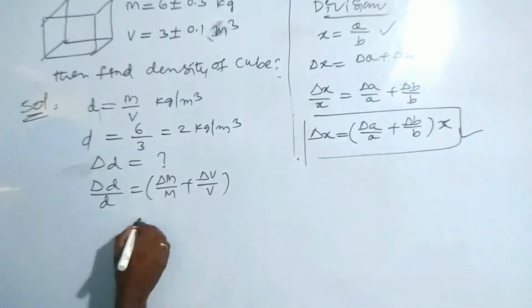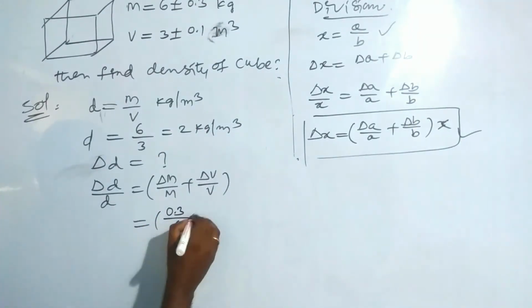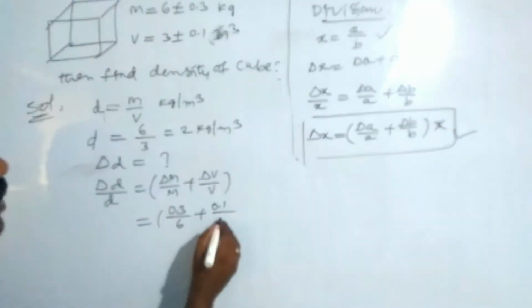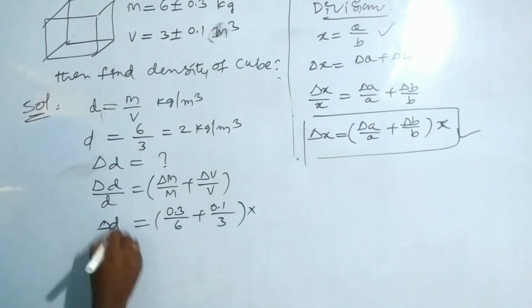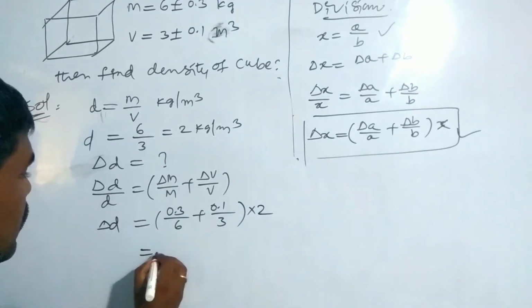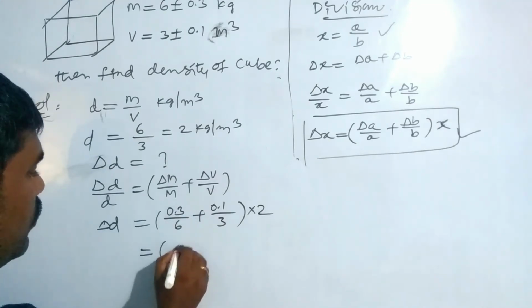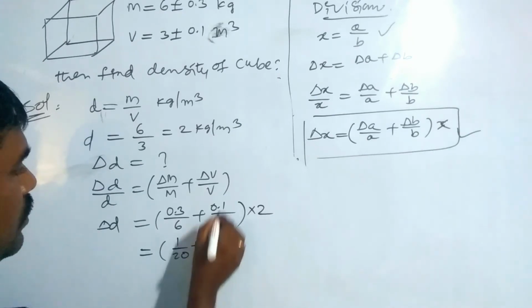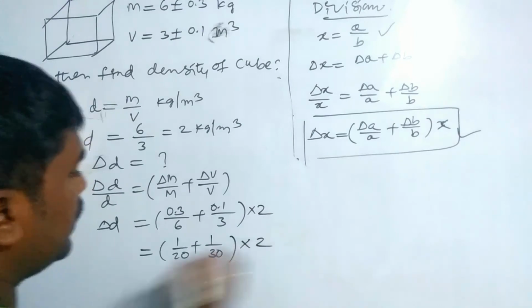Then delta M is equal to 0.3 and M is equal to 6, plus delta V is equal to 0.1 and V is equal to 3, into D, which is nothing but 2. Then you can write 0.3 by 6, that is 1 by 20, plus 1 by 30, into 2.